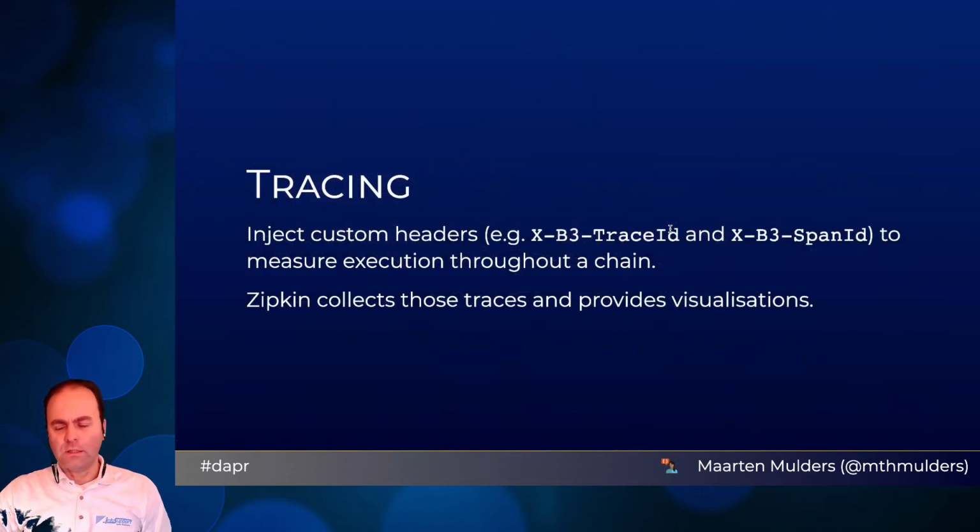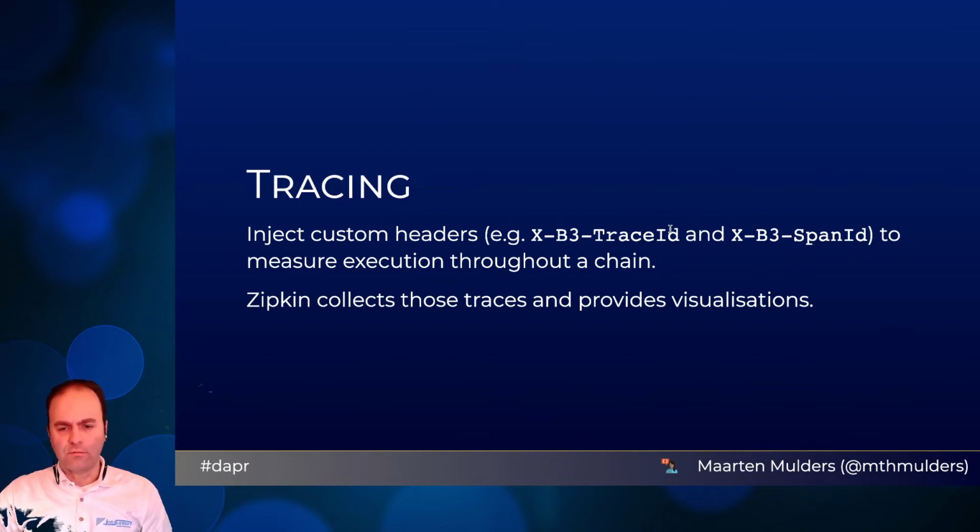So tracing is the idea where every kind of interaction between two components of your architecture is enriched with some tracing information. This is typically done using custom headers or message properties or whatnot, depending on the transport mechanism. And all the applications pick up incoming headers and propagate them to the next component that they invoke.